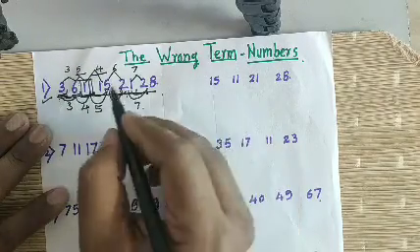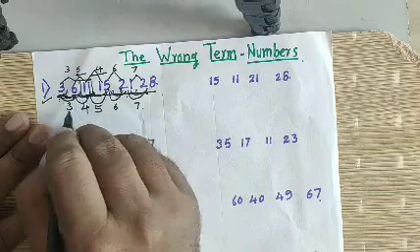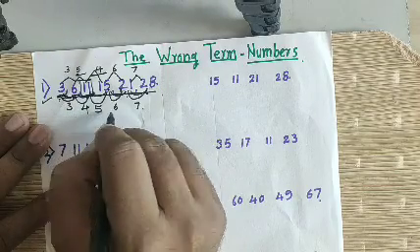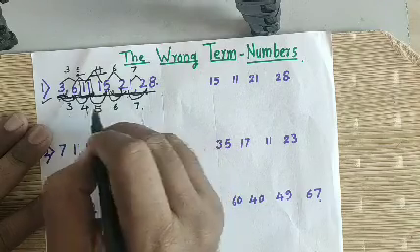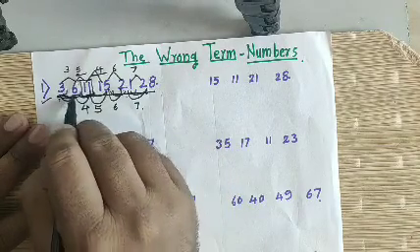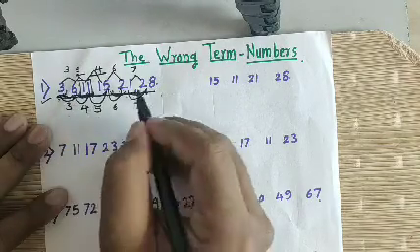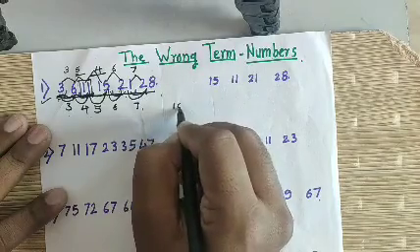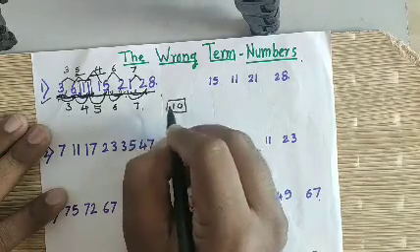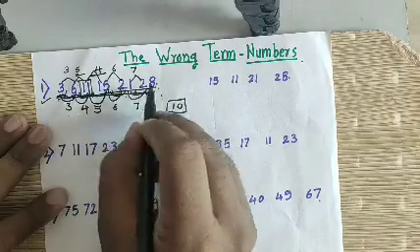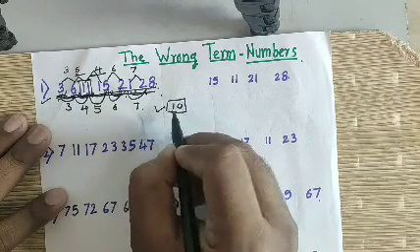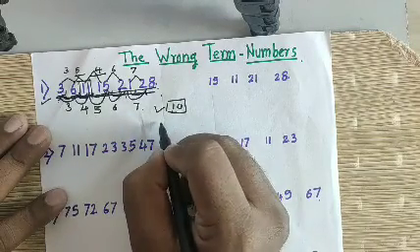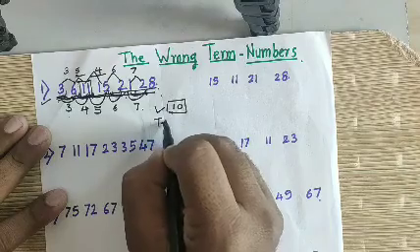If we add the differences 3, 4, 5, 6, 7, the first term is 3, then 6, and the third term must be 10. So 10 fills the pattern and is the correct triangular number.